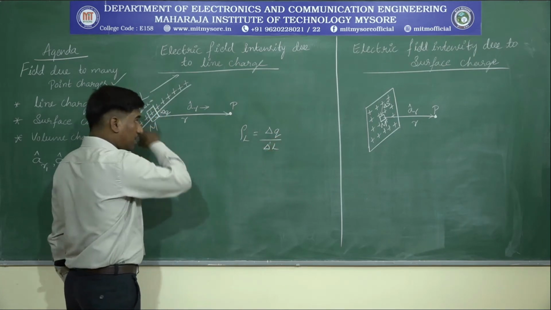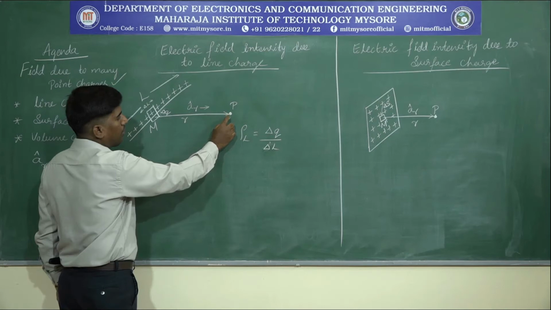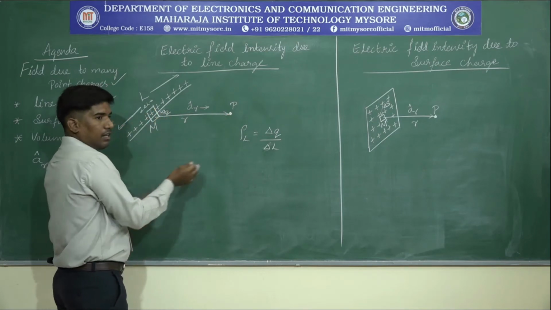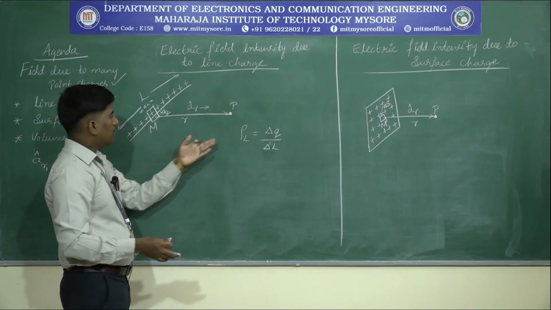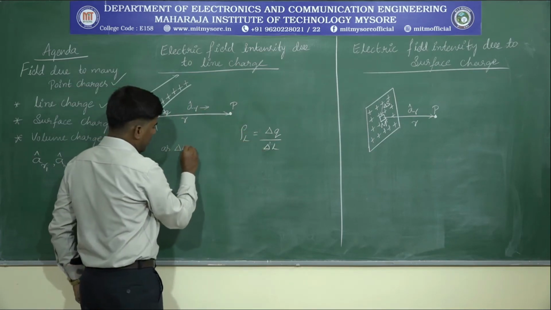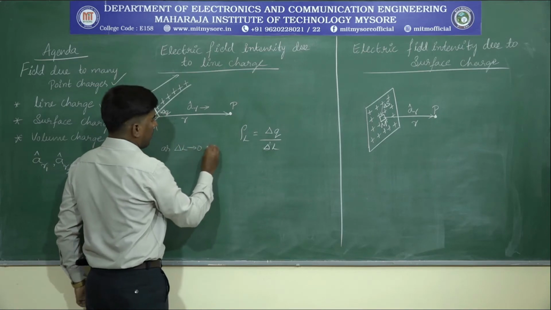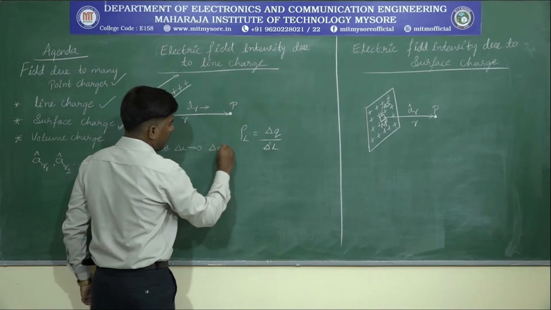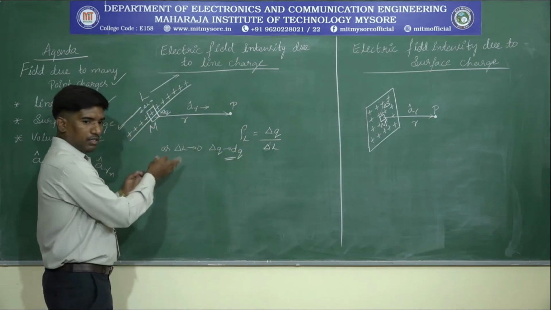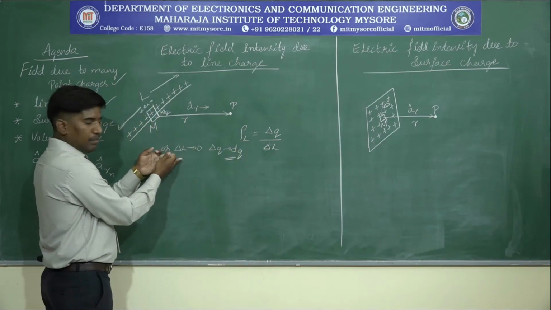Coming to the electric field intensity at this point P due to this elementary length, it can be assumed as in the previous case, that is, as delta L tends to 0, delta Q becomes dQ. In the previous case also we considered the same assumption.